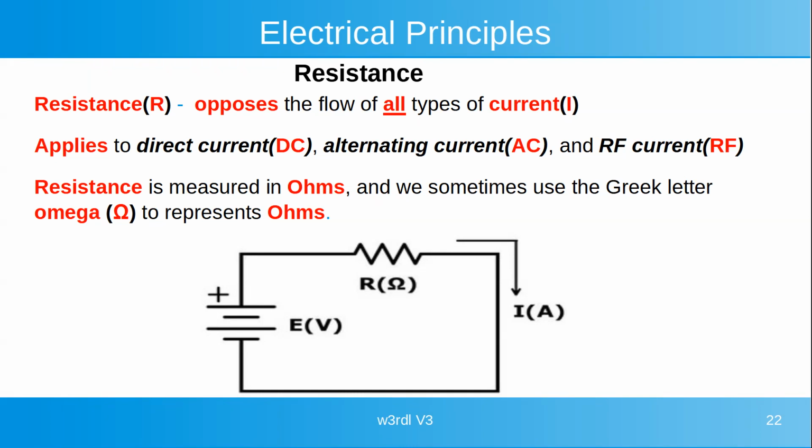But resistance is purely resistance to current flow. It doesn't matter whether it's alternating or not. And we measure it in ohms. And a lot of times we use this Greek letter omega to represent it, because it kind of sounds like ohm.